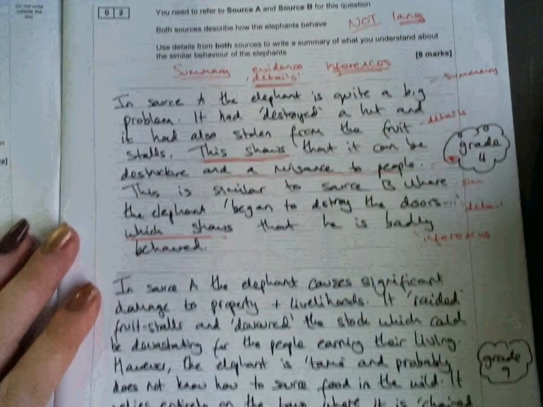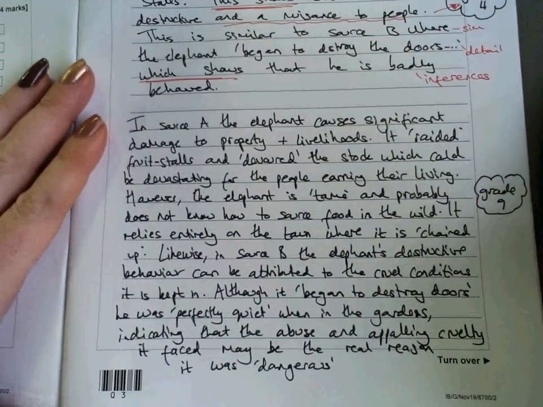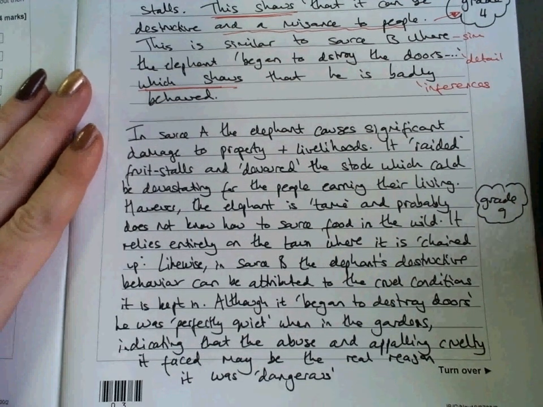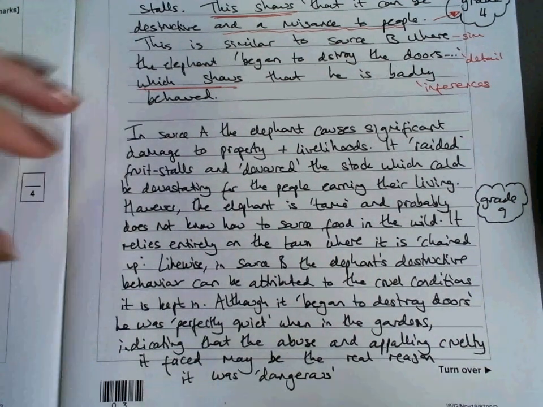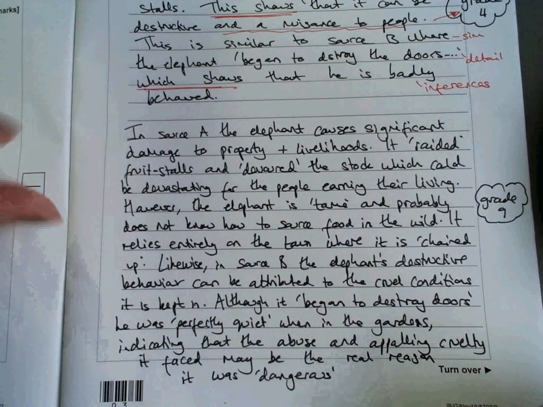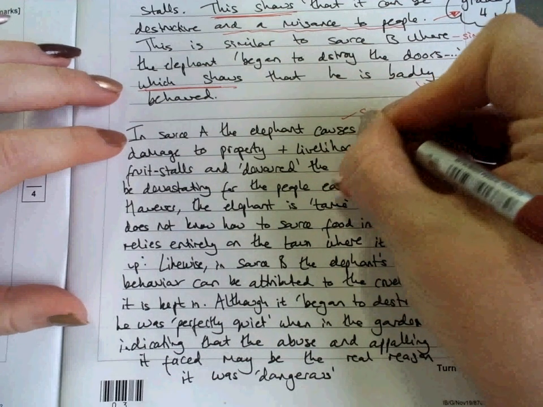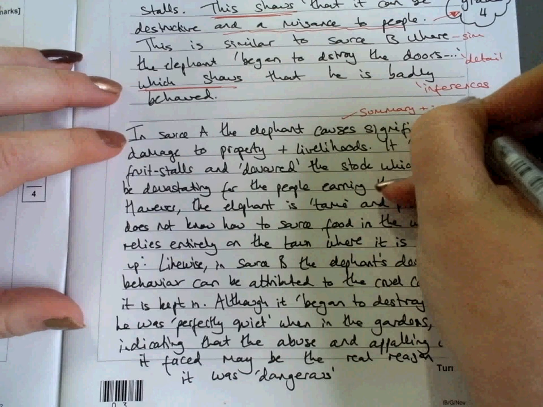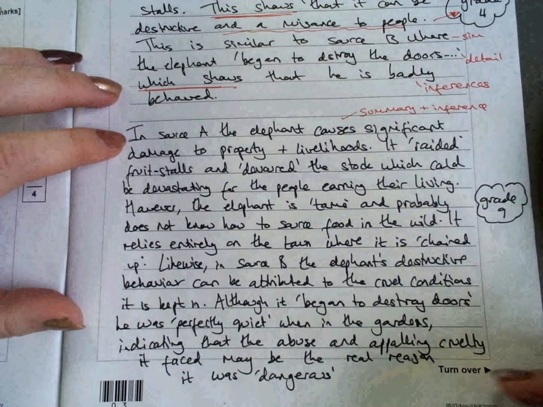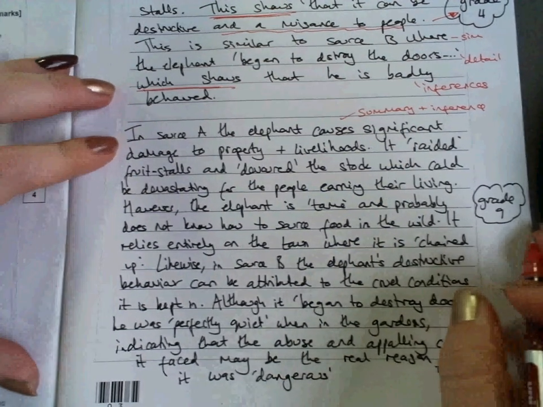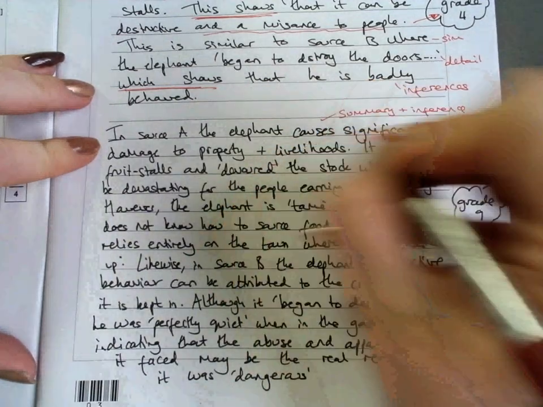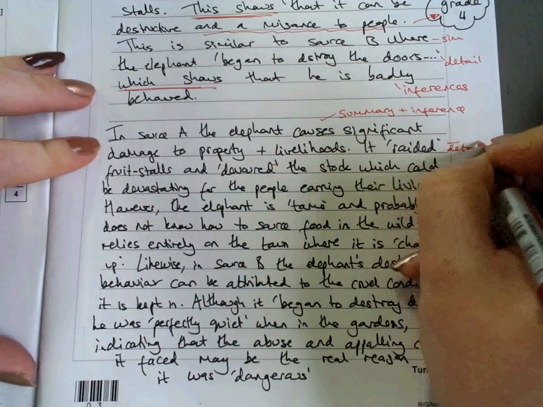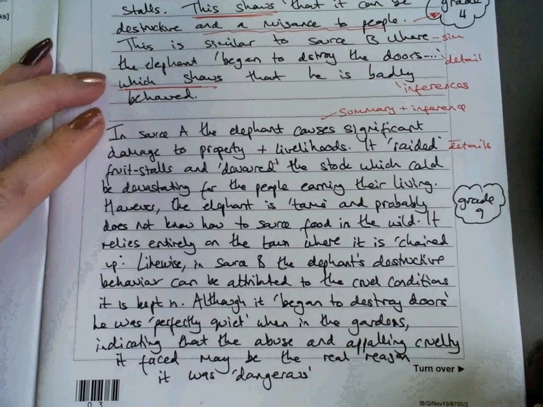But I wanted to show you then in terms of a grade 9, and hopefully we can see the difference here. So in Source A, the elephant causes significant damage to property and livelihoods. So I've got a more sophisticated summary, and actually there's an inference in that as well. It raided fruit stalls and devoured the stock. So I've got details here, and embedded quotes are a good way to use details.